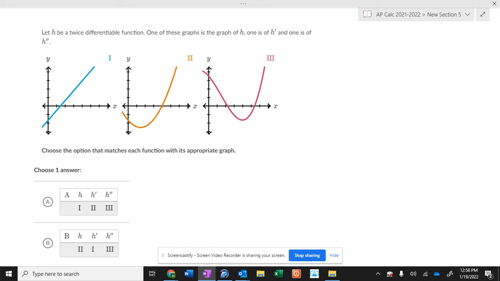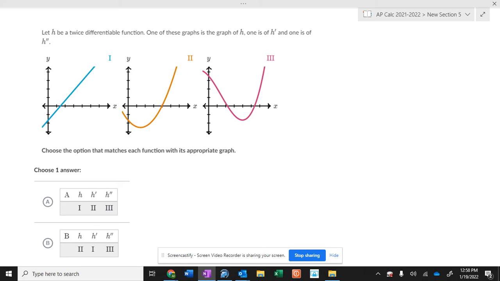Now, if you said, well, this is the original function, slope would be negative to here and positive after that. This would be the first derivative of this. But remember, the first derivative of the first derivative is the second derivative.